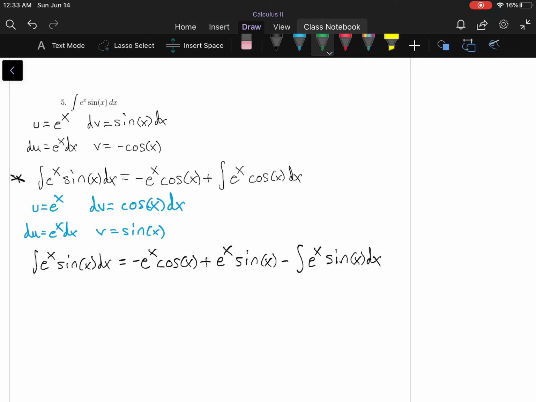Now at this point, it may seem like a lost cause because it doesn't appear that we're ever going to get rid of an integral of an exponential times a trig. But notice that the integral on the left we also have on the right. They're exactly the same. I am going to add the integral on the right to the left-hand side.